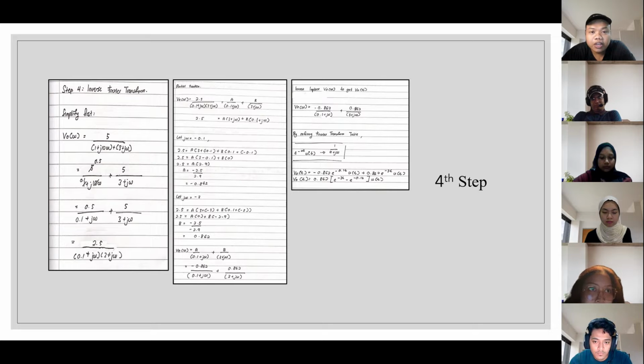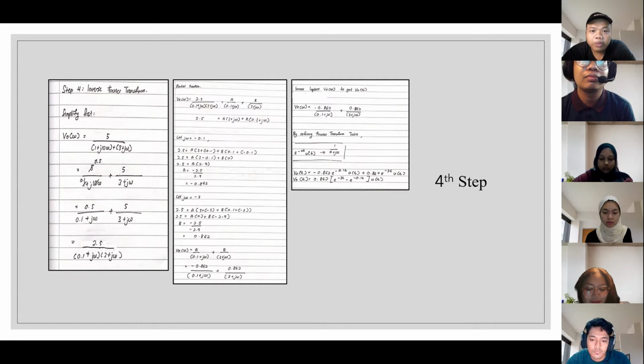Inverse Fourier transform V out omega to get the V out time domain. V out omega equals 0.862 over 0.1 plus j omega minus 0.862 over 3 plus j omega.